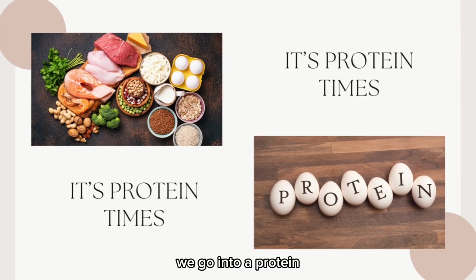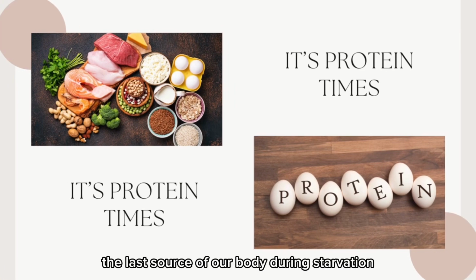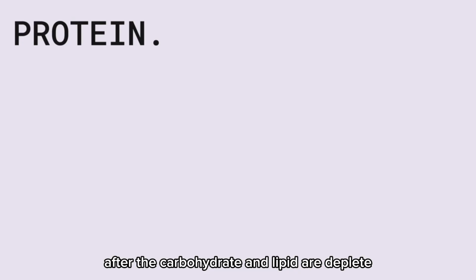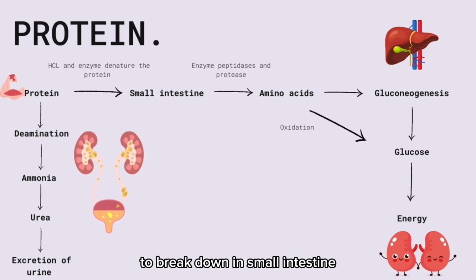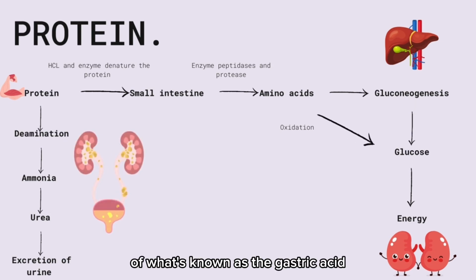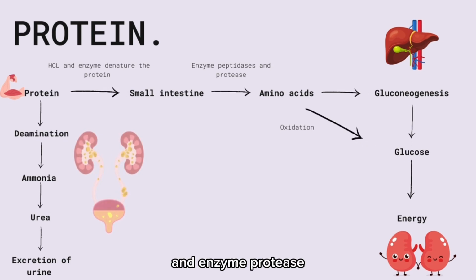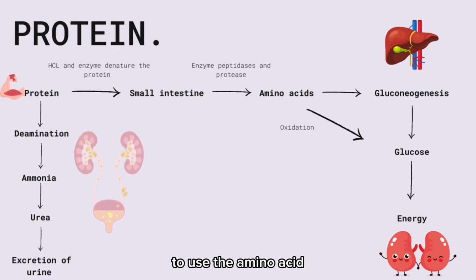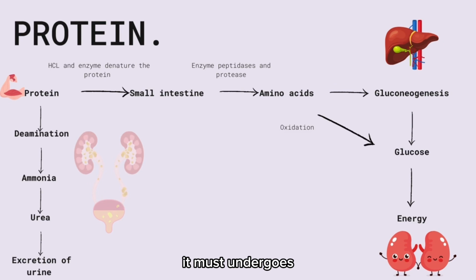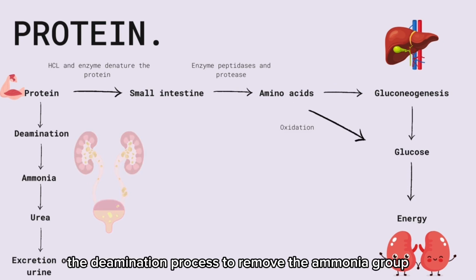Next, we go into protein. The protein is the last source of energy for our body during starvation, after the carbohydrate and lipid are depleted. Protein will undergo proteolysis to break down in small intestine by the HCl or what's known as the gastric acid, an enzyme protease and peptidase to produce the amino acid. To use the amino acid, it must undergo the deamination process to remove the ammonia group.